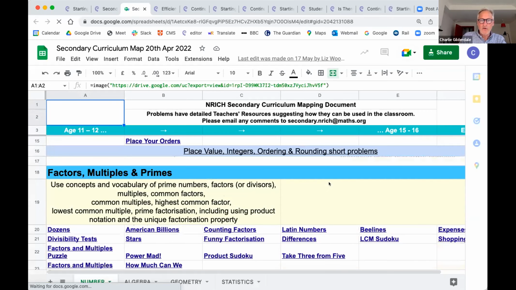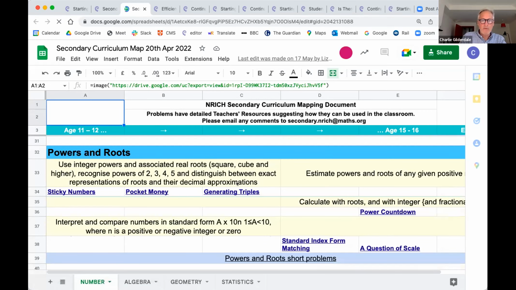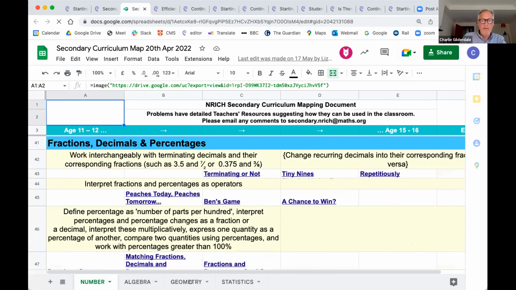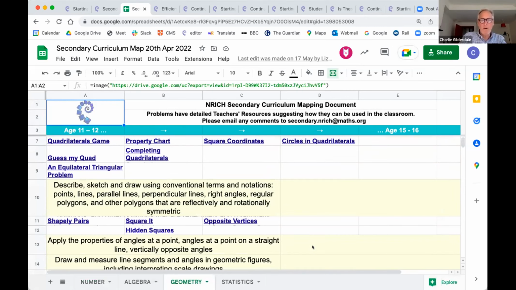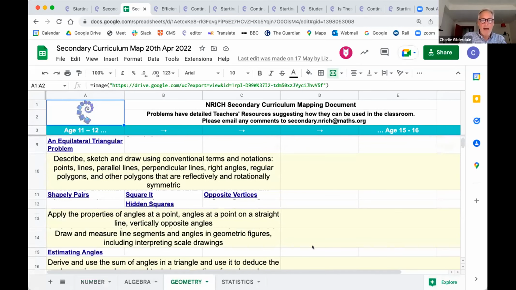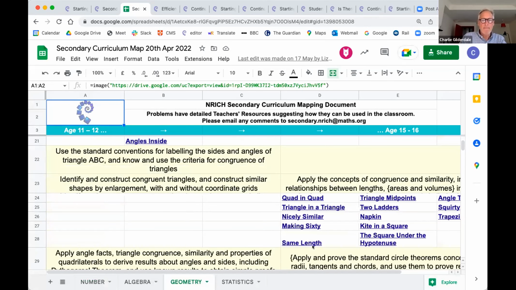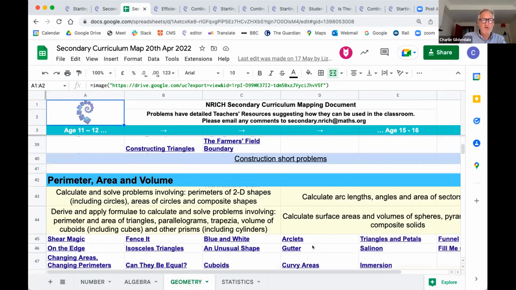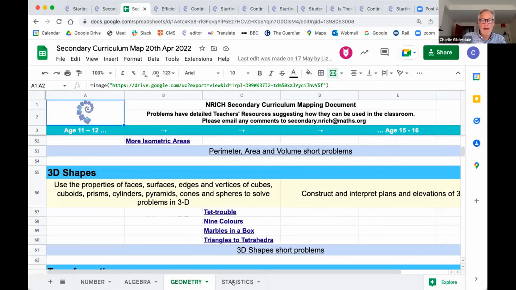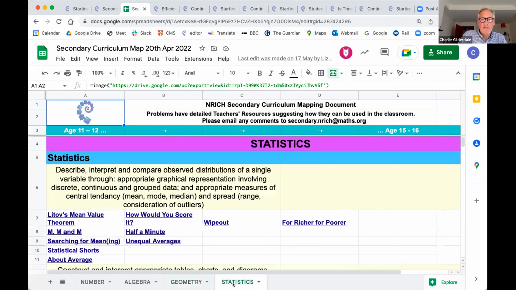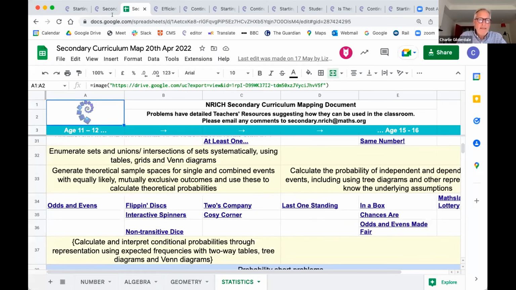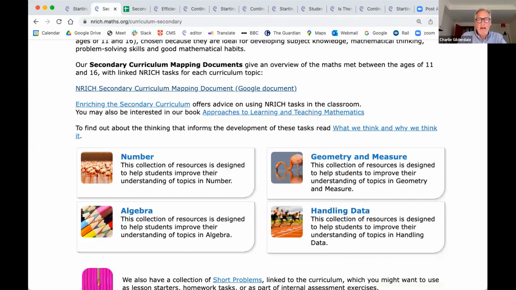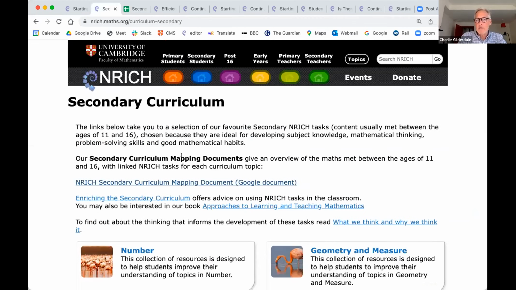So I'm looking at the number sheet at present, but we also have a geometry page as well, where there are problems on angles and reasoning, problems on construction, perimeter area and volume, 3D, and then there's a statistics and probability section.